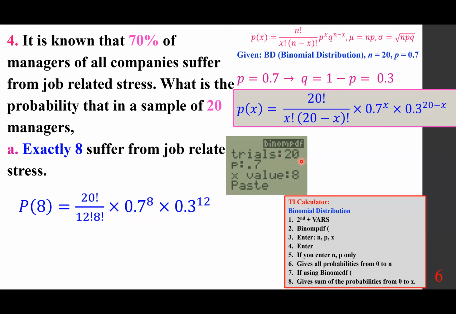Again, it's important to understand the process. It can easily be done by hand. It's not that big of a deal. It becomes difficult when you have a few of them to deal with. But one of them is very straightforward. With that being the case, you go with binomial PDF here. Why PDF? There's only one. You're not dealing with CDF, you're not dealing with the cumulative, you're not adding them up. Just one of them.